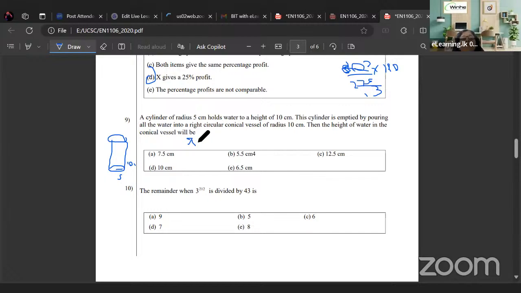Pi r squared h is equivalent to the volume in the right circular conical vessel.